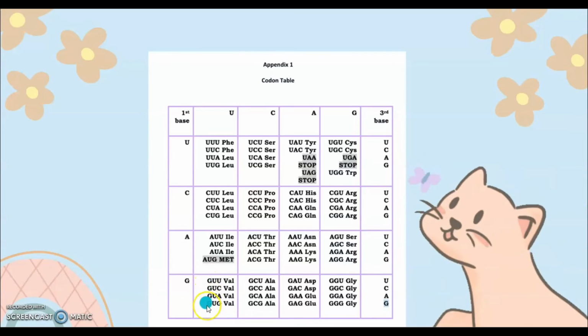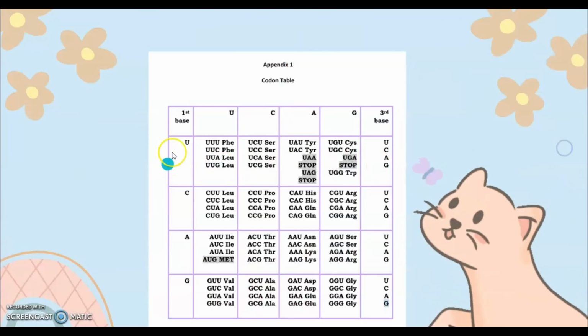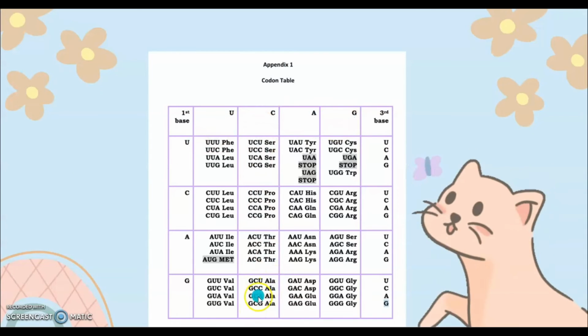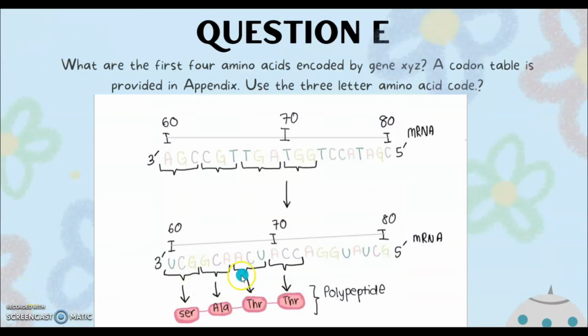We see the first letter is G, and the second base is C. We move to this column C, and the third base is A. We look at this row A. GCA will form alanine. So here's GCA, alanine.